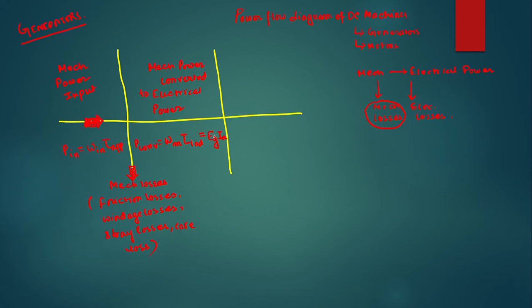Now after the electrical energy has been produced, it will undergo some losses, right? So these are electrical losses. After the inclusion of electrical losses, we actually get the electrical power output, right?